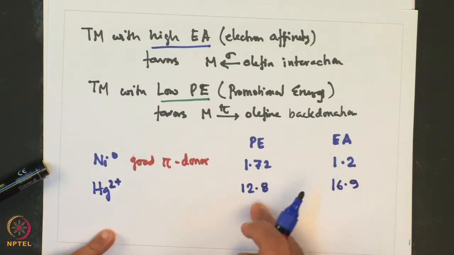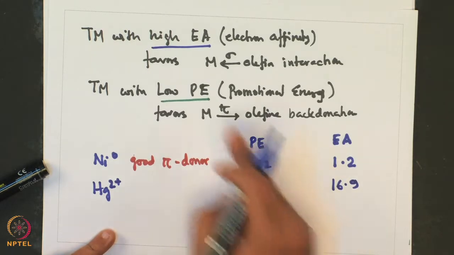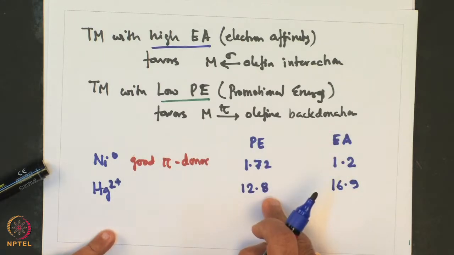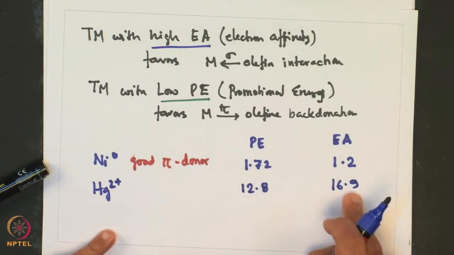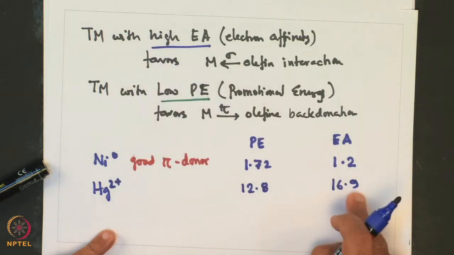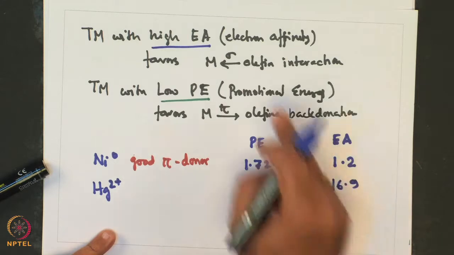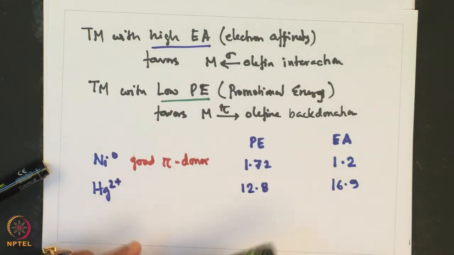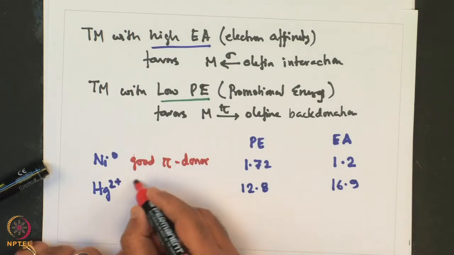So, what we have is very high promotional energy. So, that means that back donation is very minimal for mercury, whereas it has very high electron affinity. So, that means that it will be favoring olefin to metal sigma donation, and hence mercury is a good sigma acceptor.